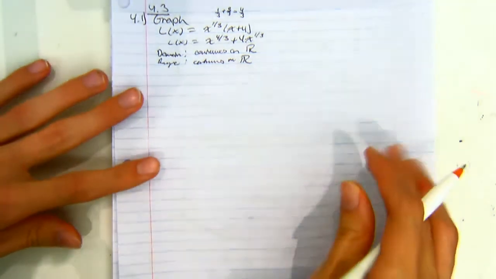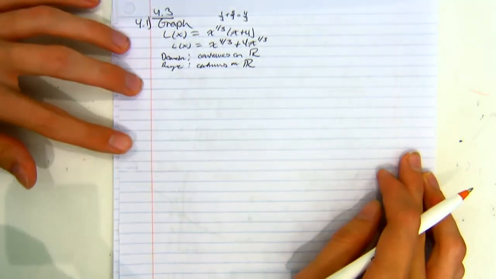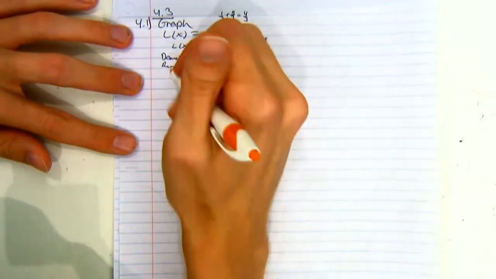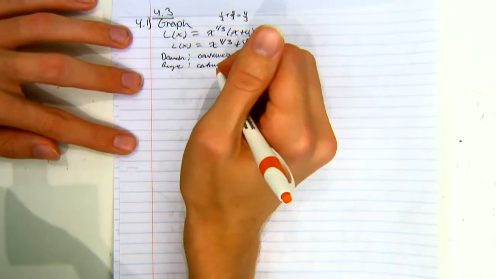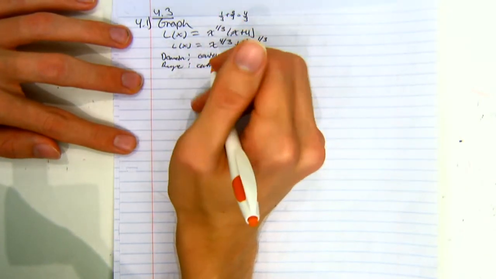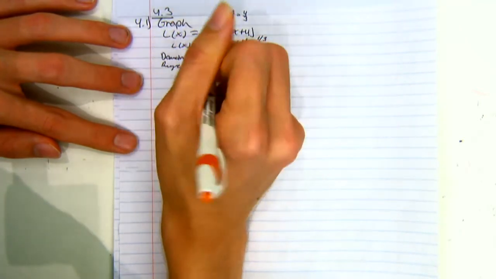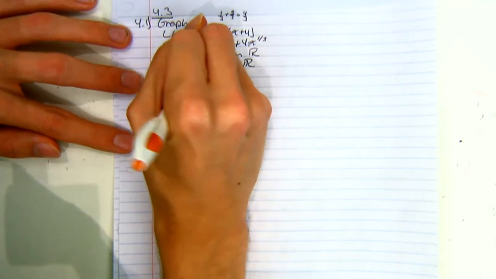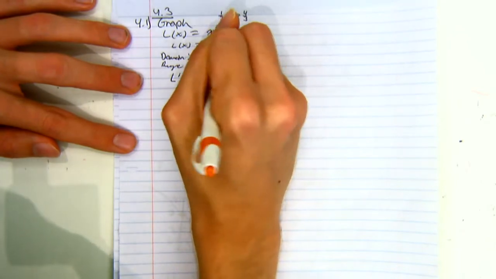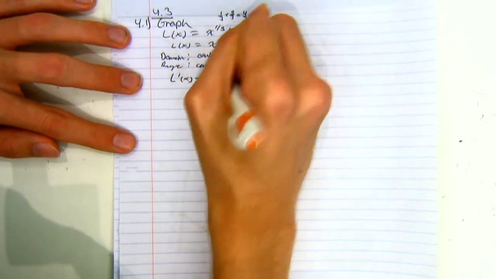All right, so since we don't have any discontinuities or anything, we want to find our critical points. So let's take the derivative of this, 4/3.